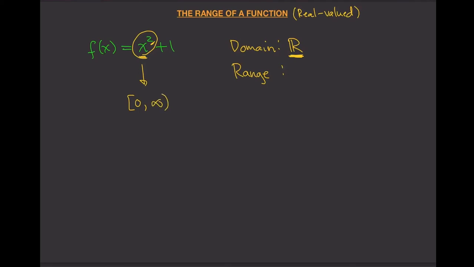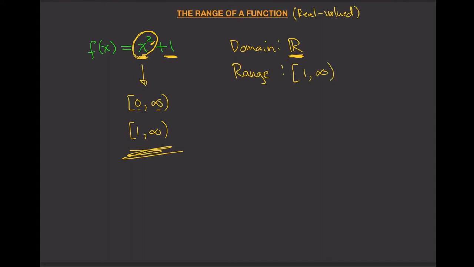You will not get numbers less than 0 for this term. And then all that's left to do is you add 1. So you're going to add 1 to your smallest and biggest number in your set. So 0 plus 1 will give you 1. Infinity plus 1 will give you infinity.